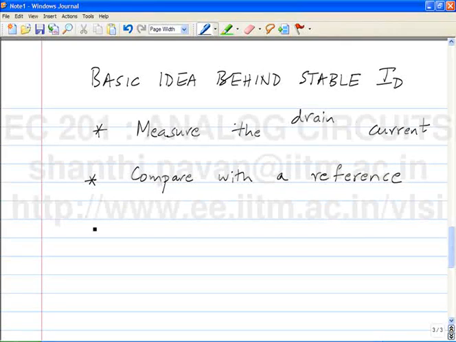Then if the drain current is greater than Iref, what should I do?